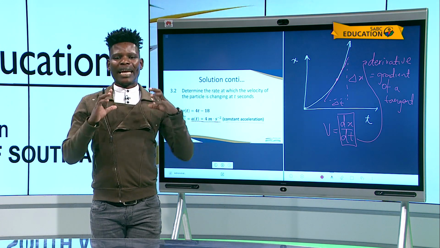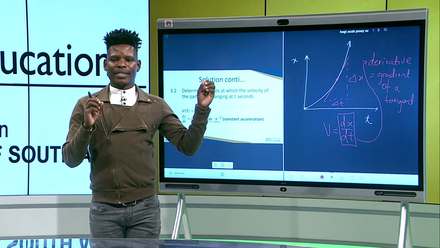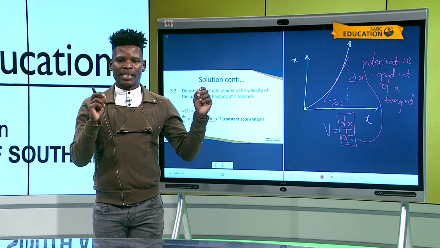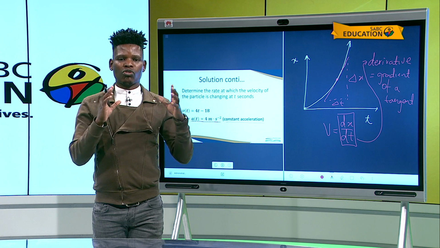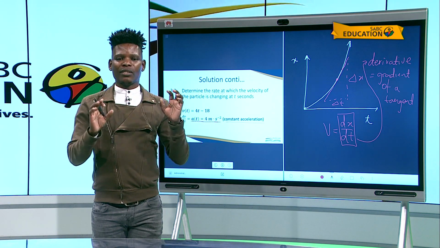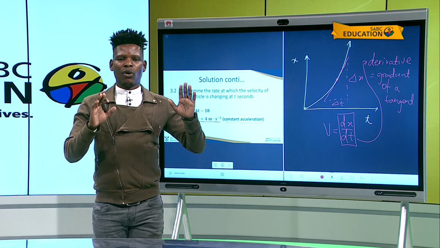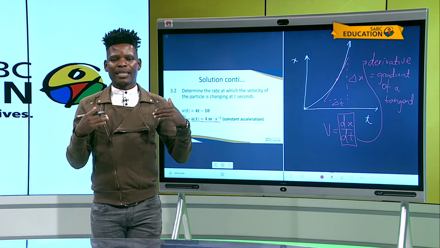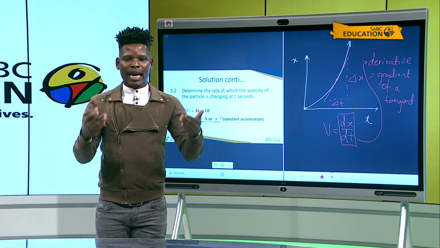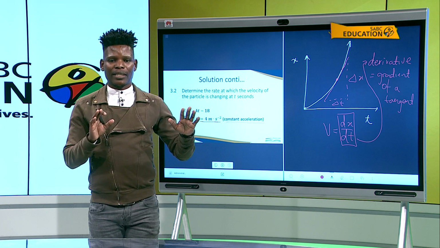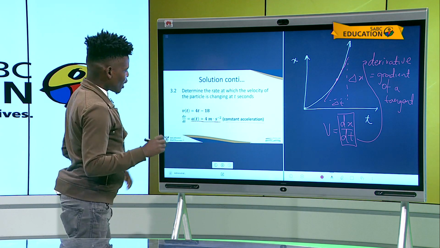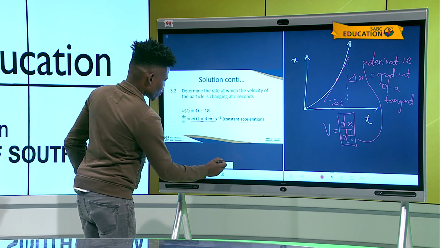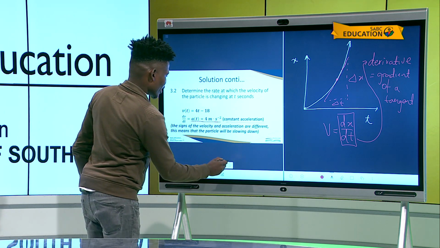Now, what happens when the sign of the acceleration is different to the sign of the velocity? It simply means that this particle is going to slow down. If the signs were the same, if they were both positive or both negative, it would mean that the particle is speeding up. Now, because the signs are different, the particle is slowing down.